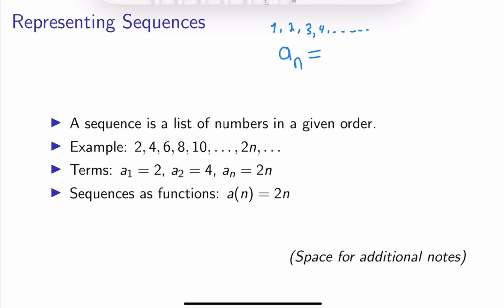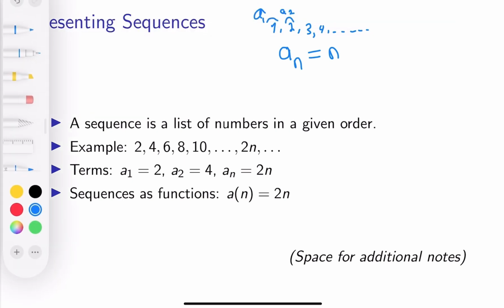The above sequence can be written as a_n equals n, meaning this is a1, this is a2, this is a3, for example, and so on. You see the index in this case is equal to the element of the sequence.